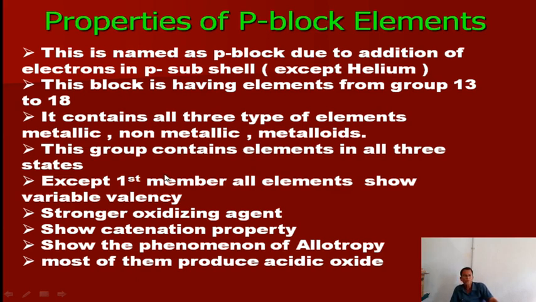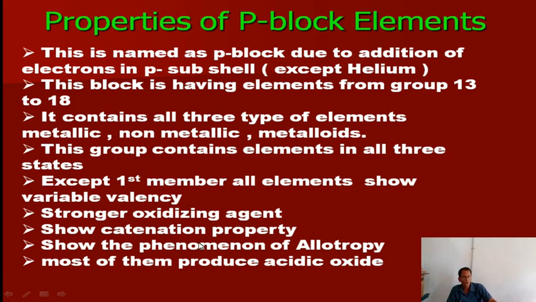This group contains all 3 states: solid, liquid and gaseous. Some are solid, some are liquid and some are gases, and they show variable valency and are strong oxidizing agents. You already know it has a high tendency to oxidize others. Very strong oxidizing agent means high tendency to gain electrons.